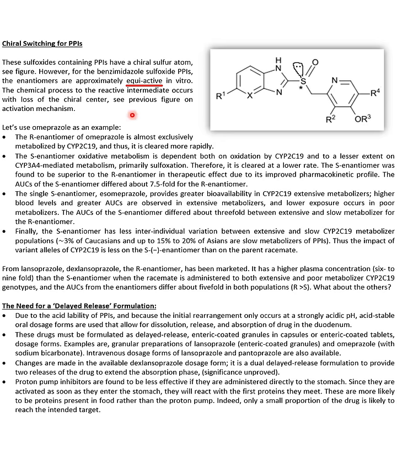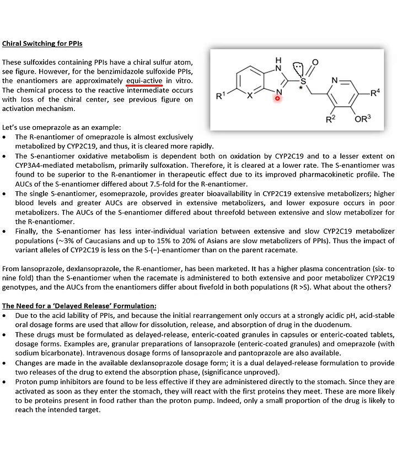Okay, so let's see how this is related to the proton pump inhibitors, the chiral switching. If you remember, in the process of the activation for the proton pump inhibitors, we mentioned that the sulfur here, which is a chiral atom, during the process of the activation, this bond is broken. I'm not sure if it's this or this one, but anyhow, one of them is broken, and then the isomerism is lost.